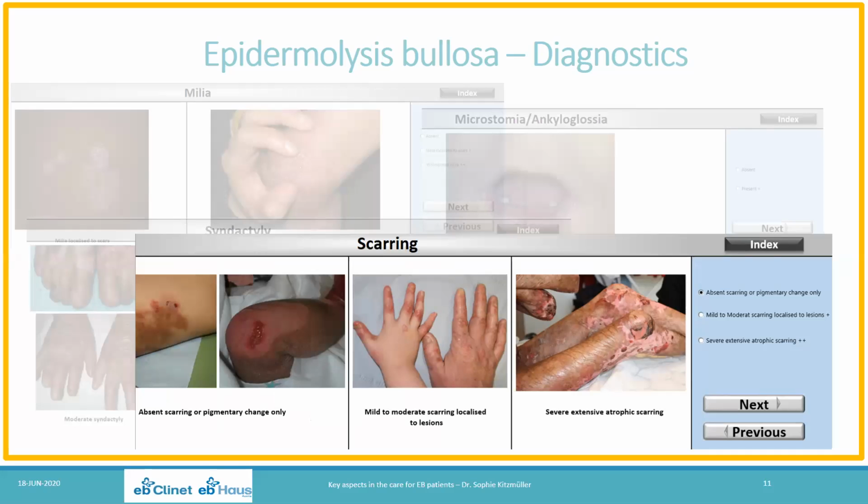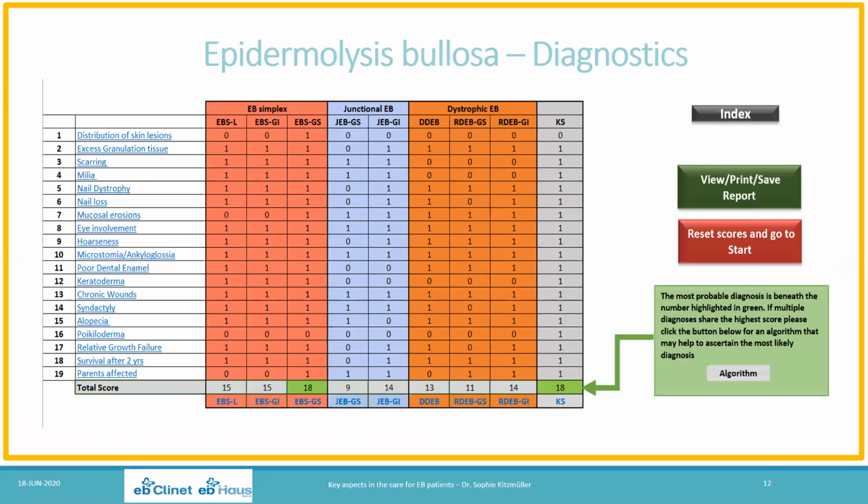And when you answer those 19 questions, what you get is a calculation like this. So every aspect that was asked is assigned a certain value, and those subforms with the highest value are most probable to be the subtypes of your patient.